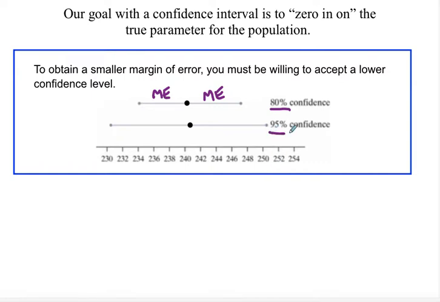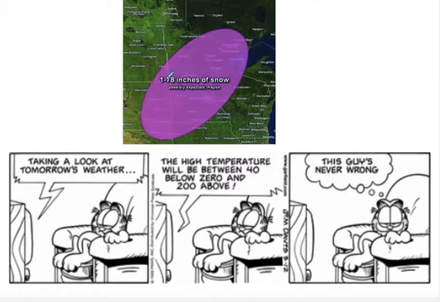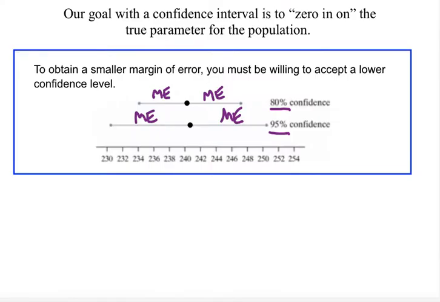If you want more confidence, then you would make your margin of error bigger so that the range of your confidence interval is wider. Wider, just like these problems, 1 to 78. That's really wide, but they're going to have a very high confidence. So it's a trade-off.